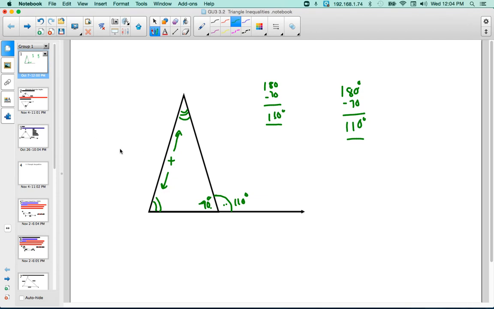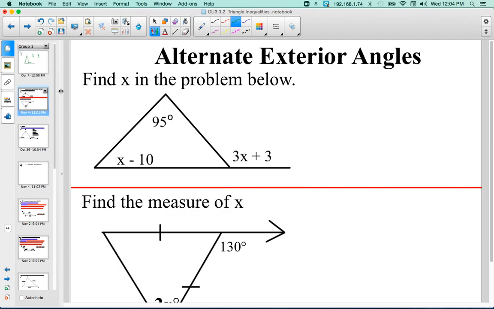Okay, let's see how this applies to a problem. So here we've got an angle on the outside that's 3x plus 3, and the two alternate interior angles are 95 and x minus 10. Well, I know that this angle, the exterior, is equal to the addition of the alternate interiors. All right, so I can do 3x plus 3 equals 95 plus x minus 10.